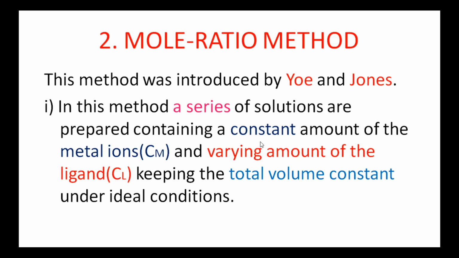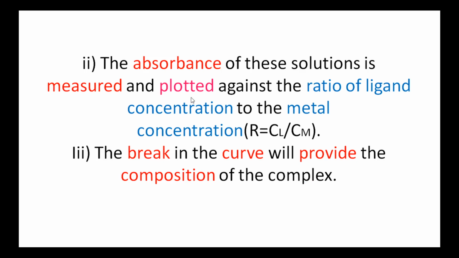The ligand concentration is varied, and the total volume must be fixed, and a series of solutions are prepared. For these solutions, the absorbance or optical density is measured, and this optical density is plotted against the ratio of the ligand concentration to the metal concentration, which is represented as R is equal to Cl by Cm.